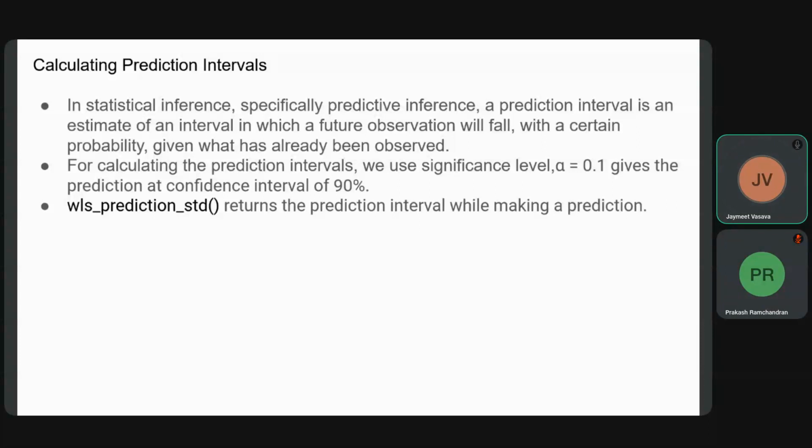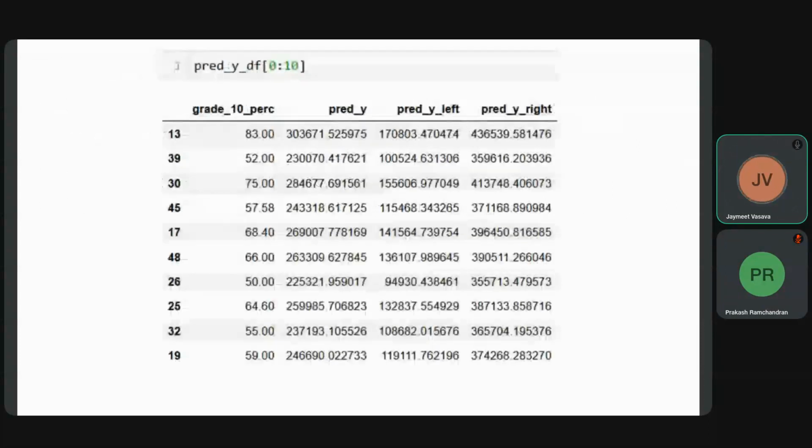So when we have made the prediction regarding the predicted intervals, you can see that this is the kind of output that we get. You can see the percentage that the student got, the prediction that is made in pred y, and pred left and right are nothing but the lower and upper bounds of the prediction intervals.